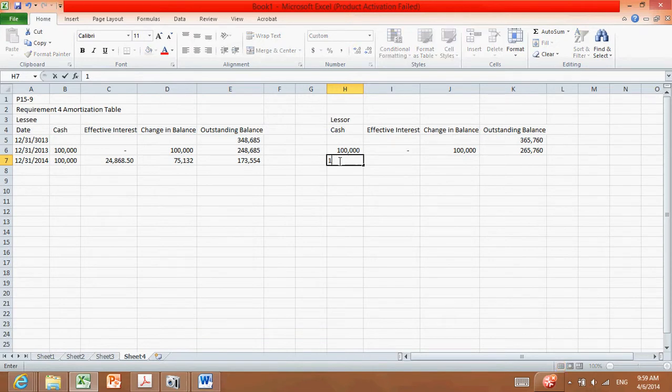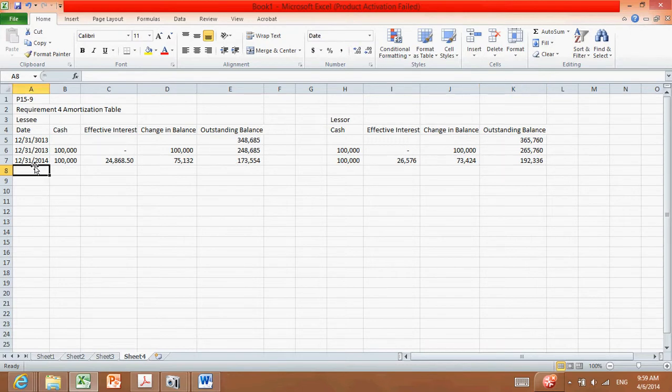For the lessor, interest revenue is the previous outstanding balance multiplied by the 10% interest rate. The difference between these two numbers will change my outstanding balance to 192,336 for the lessor.